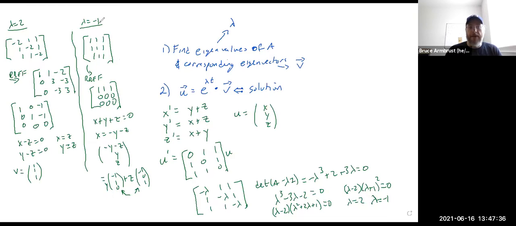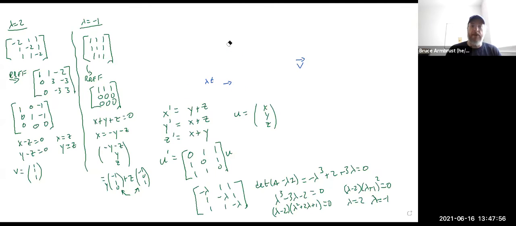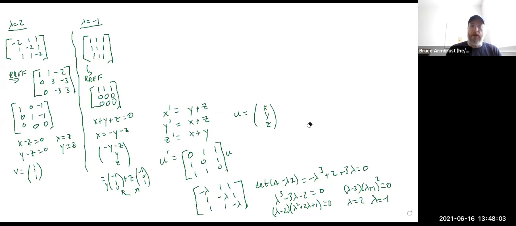Even though this lambda was used twice, I get 2 different vectors, which means I don't need to multiply by a t or anything like that because they're already linearly independent. So that is pretty interesting. Yeah, isn't that cool? That it just sort of worked out in this case, that there was no, oh no, we have to multiply by t.